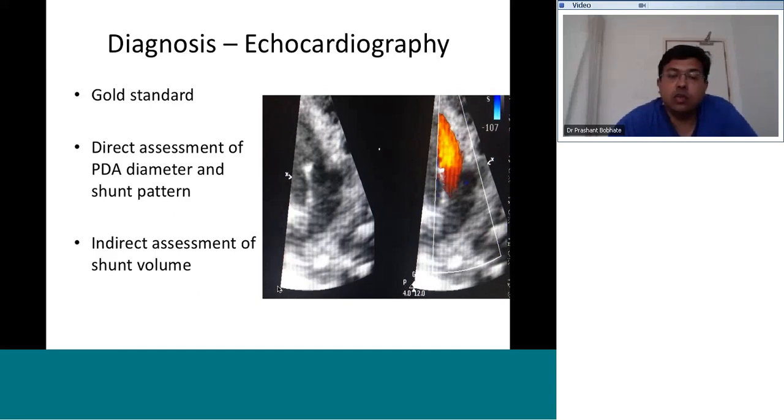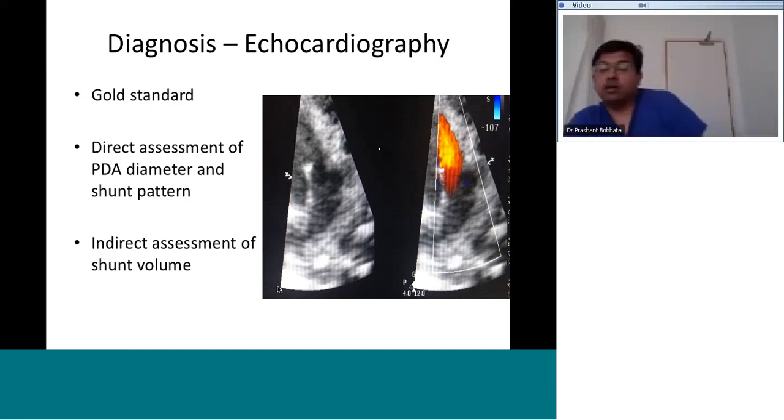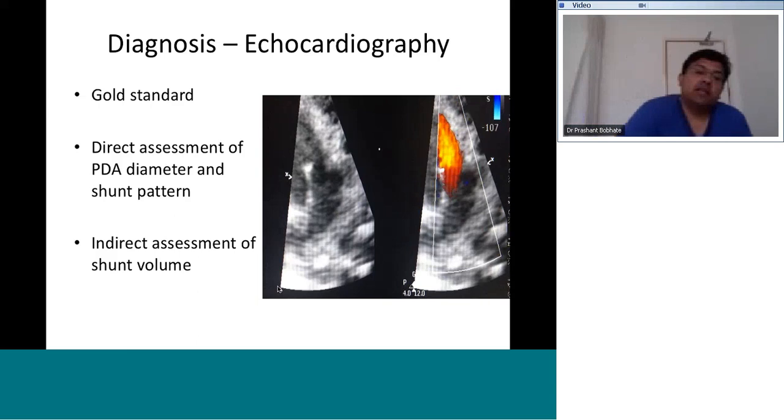As we all know, echocardiography is the gold standard for directly assessing the PDA, and to know whether we have to close the PDA or not.